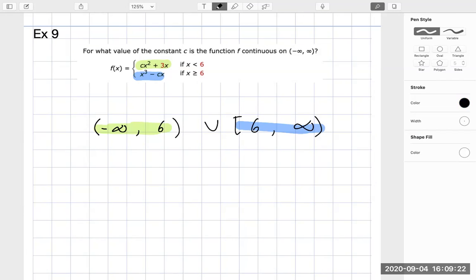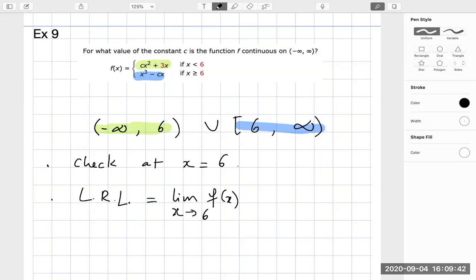So we can only check at x is equal to 6. It means that we need to check the left-hand limit of this when x approaches 6 from the left. It is smaller than 6, so we use the first formula, right?